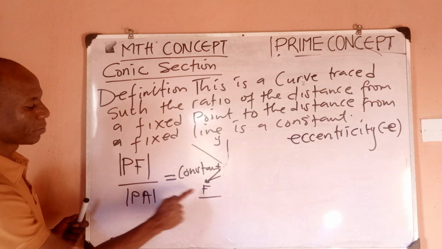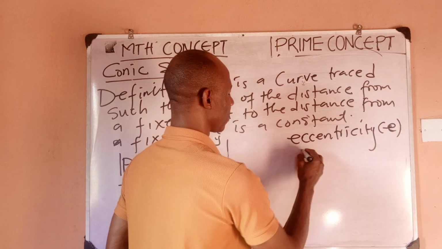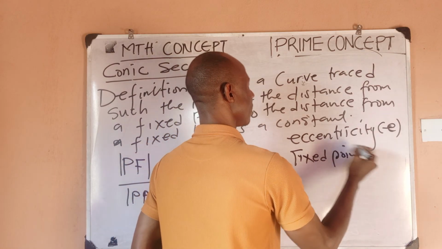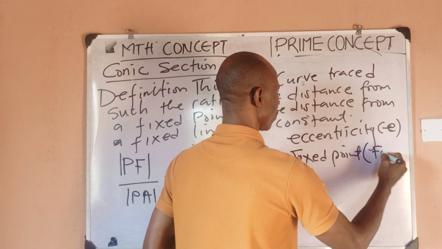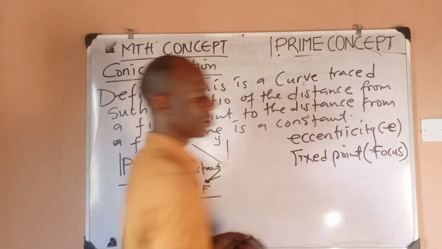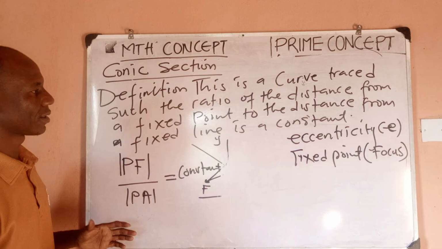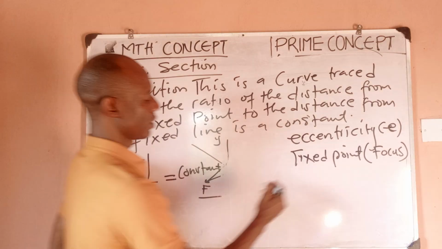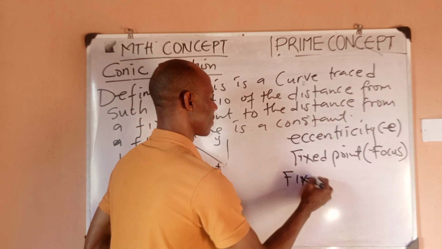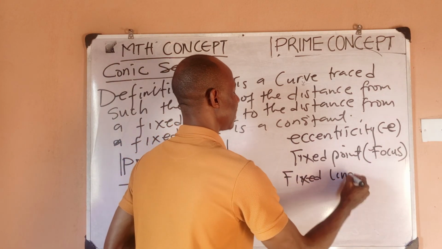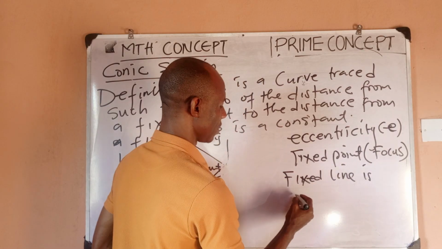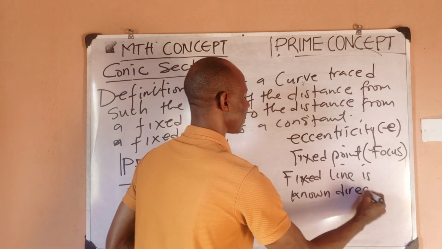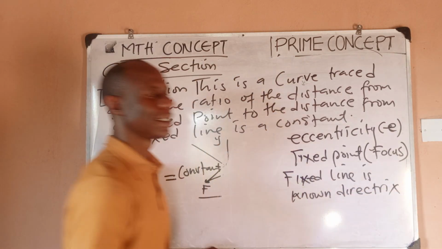So that constant is eccentricity. Then that fixed point, which is f, is known as the focus of that conic section. Then that fixed line is known as the directrix.